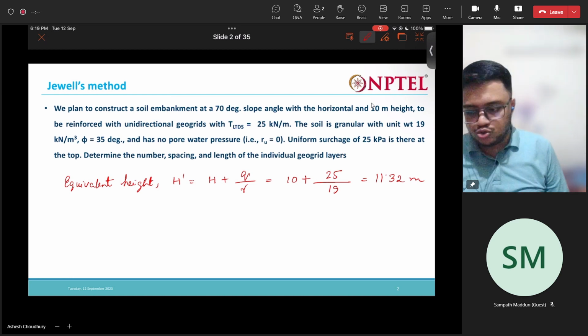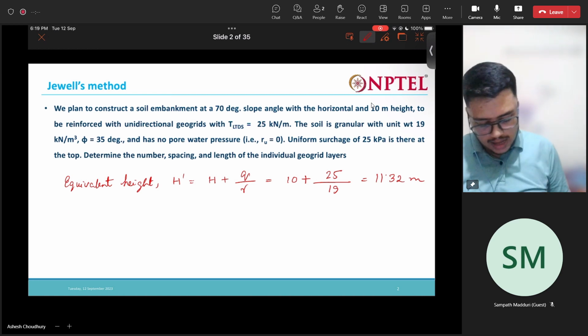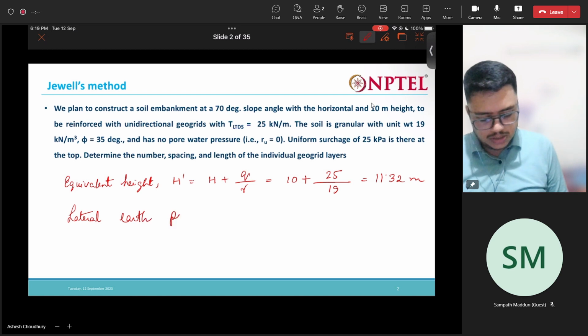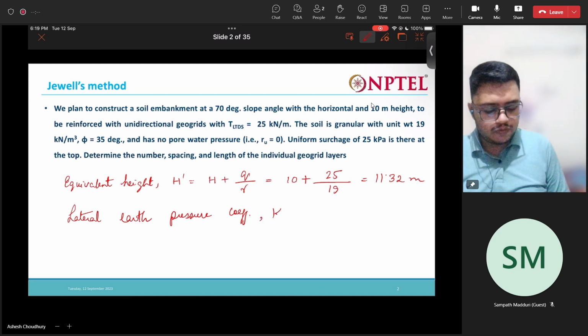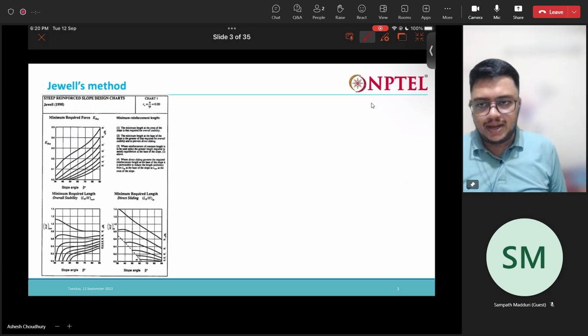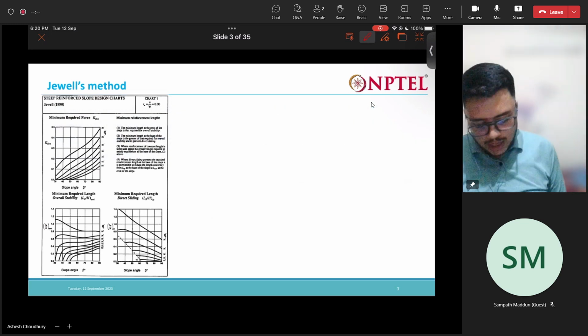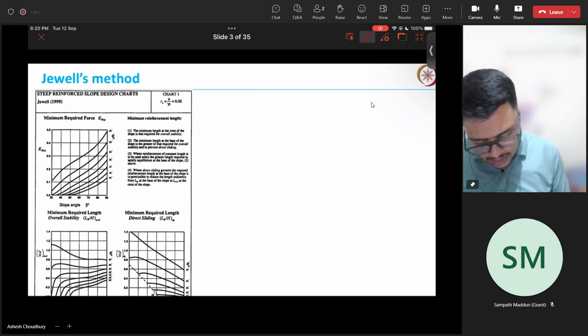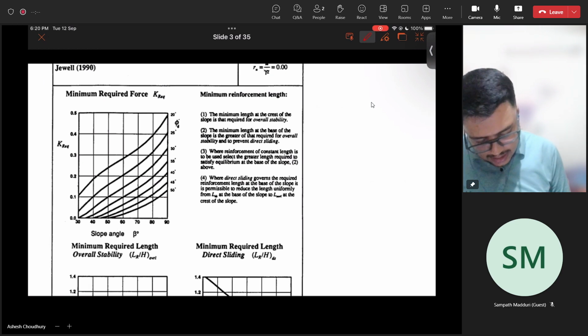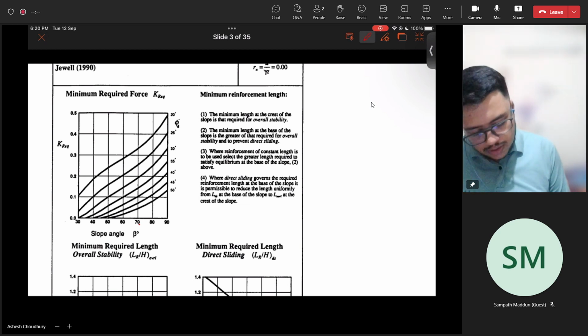Now we need to get our lateral earth pressure coefficient. For that, we will make use of this design chart given by Jewell. What is the slope angle? Our slope angle is 70. And the friction angle of the soil is 35.